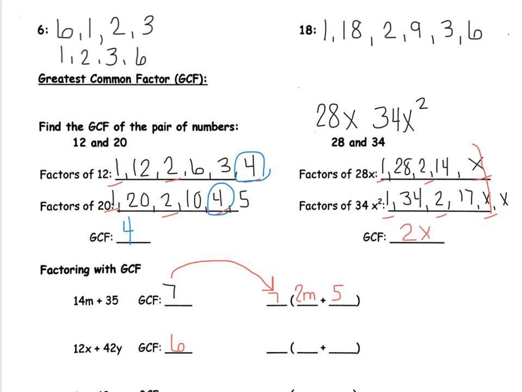Well, remember, you take that and you put it over here, and then it's division. 12 divided by 6 is 2. Bring the x. 42 divided by 6 is 7. Carry the y. Now, if you wanted to check your work, all you would need to do is redistribute, and you would find that it worked out really well.